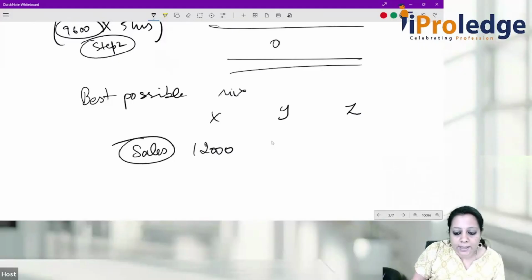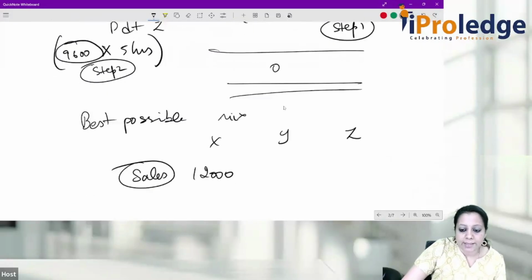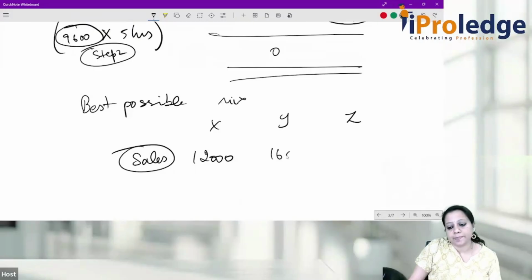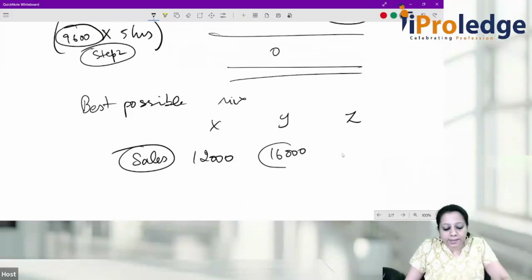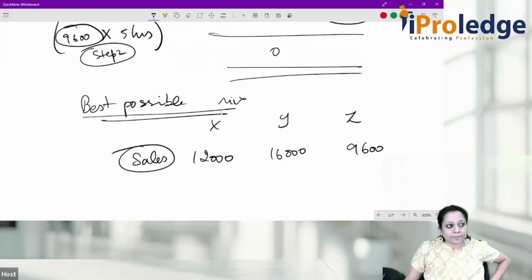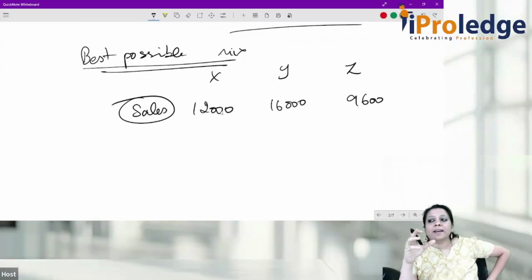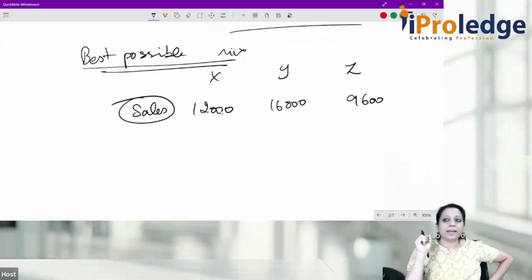And this is going to be how much? 16,000. And this is 9,600. Product mix, sales mix we have done in multi product, that is composite BEP calculation, there we have done.